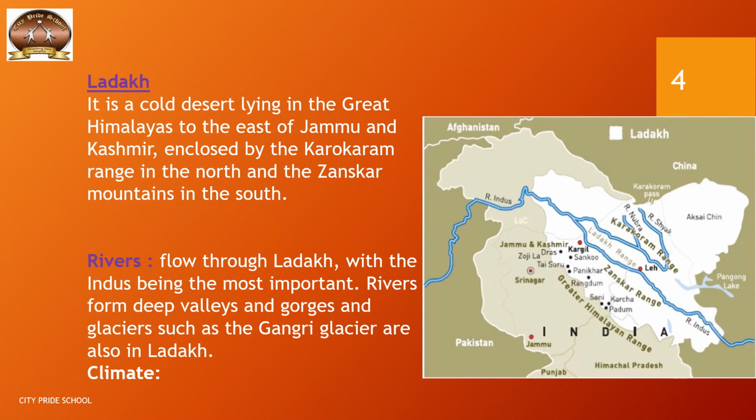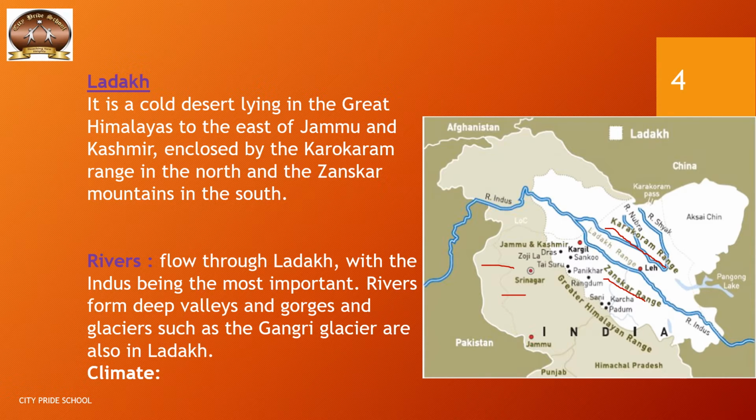Now Ladakh, a cold desert lying in the great Himalayas to the east of Jammu Kashmir. This is Jammu Kashmir here, where I've just underlined, and to the east part of it we have Ladakh, enclosed by the Karakoram range. Here you can see the Karakoram range in the north, and also the Zanskar range in the south.